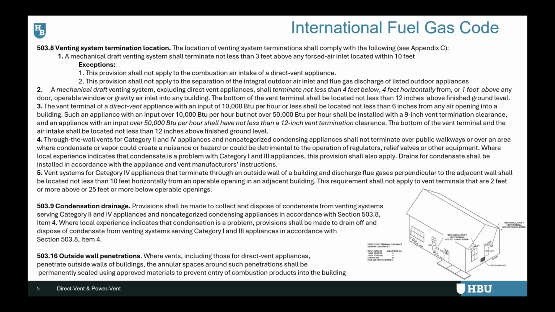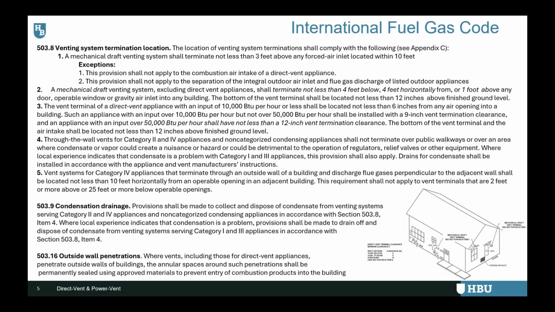Rule 3. For direct vent appliances, the clearances are much smaller based on the appliance size. For smaller units, 10,000 BTUs or less, it's 6 inches from any air opening. For medium units, 10,000 to 50,000 BTU, it's 9 inches.